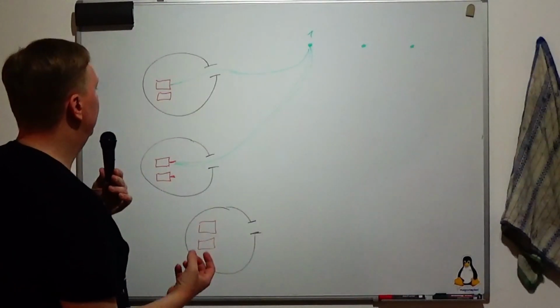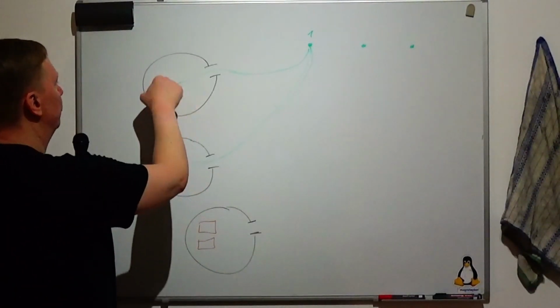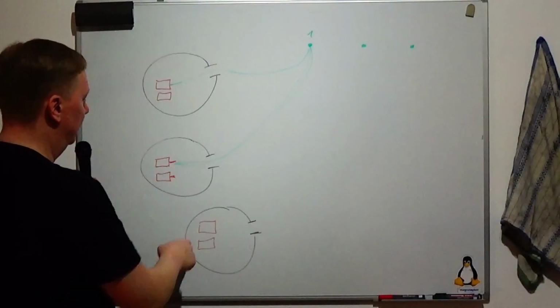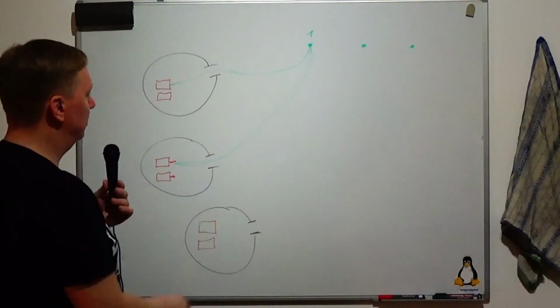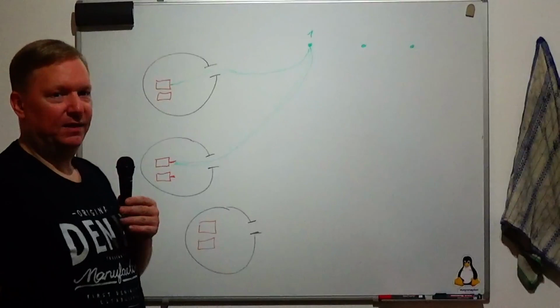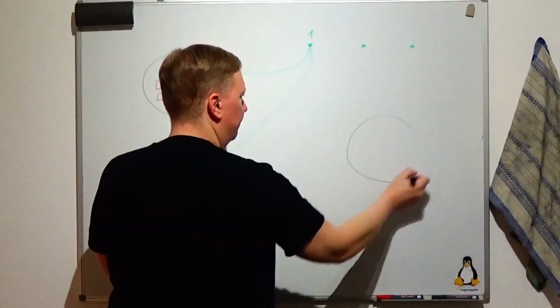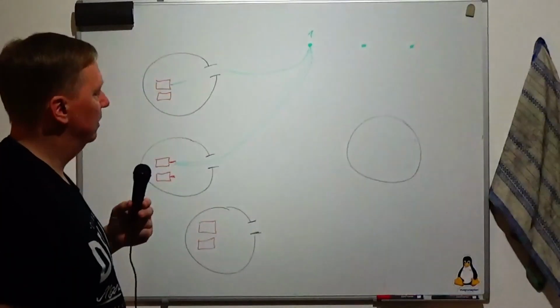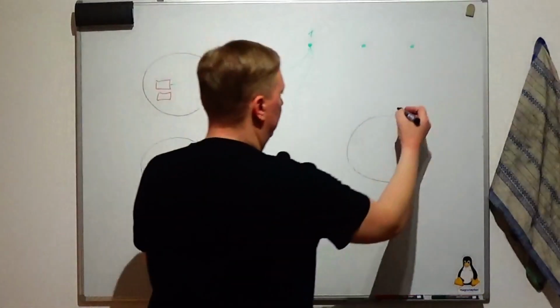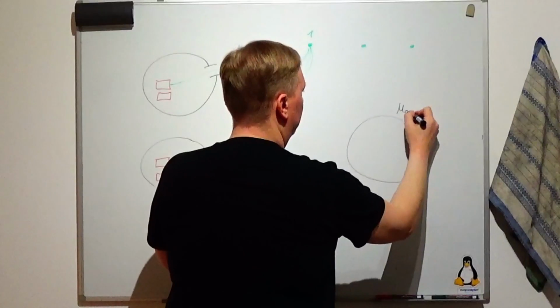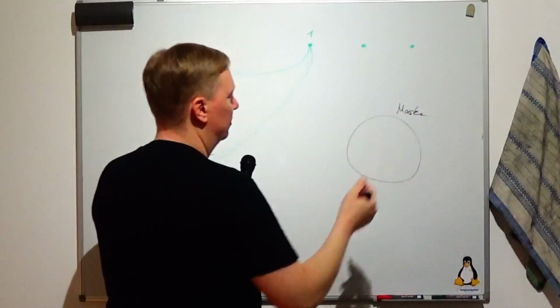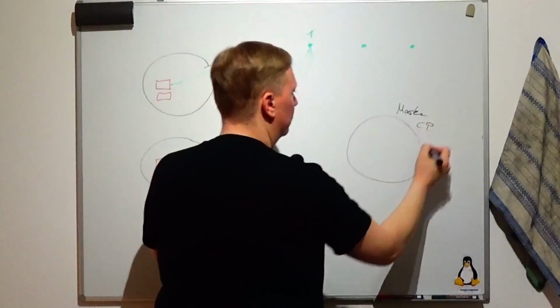You don't want to tell this server, hey, I want you to run this container. Hey, you server down here, you run this container. Okay. So what you do then is you have another computer here, and that could be called a master node, or also a CP, a control plane.